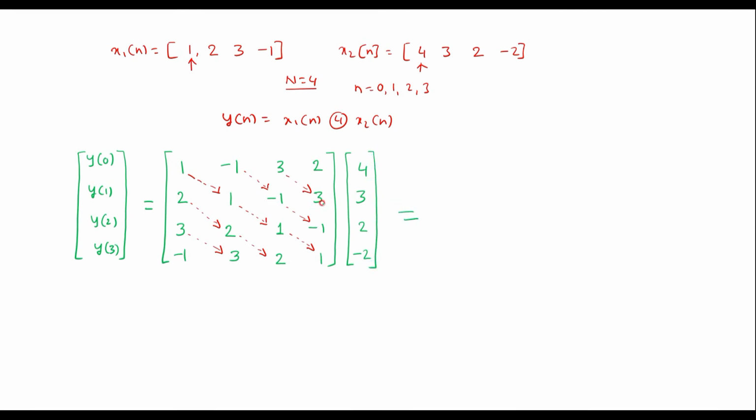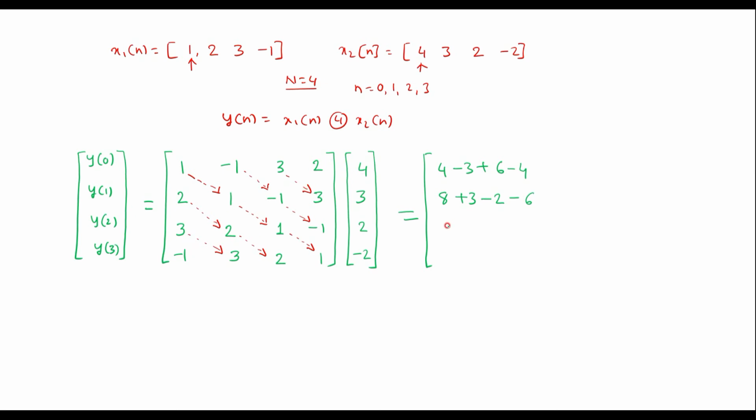Now perform matrix multiplication. The first row: 1 into 4 is 4, minus 3, 3 into 2 is plus 6, 2 into minus 2 is minus 4. Similarly, the second row: 2 into 4 is 8, plus 3, minus 2, minus 6.